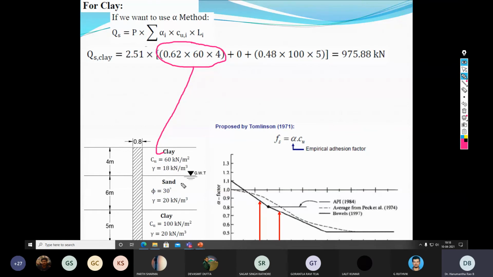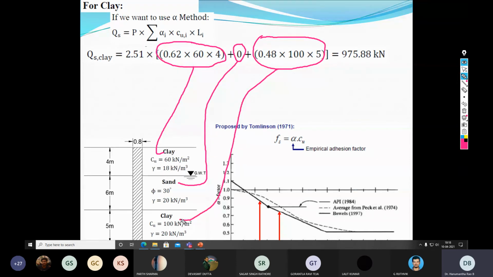Since layer 2 is sand, it contributes 0 here. And for layer 3, alpha is 0.48, Cu is 100, and length of the layer is 5 meter. So substitute, and what you will get is QS of the clay as 975.88 kilonewton.